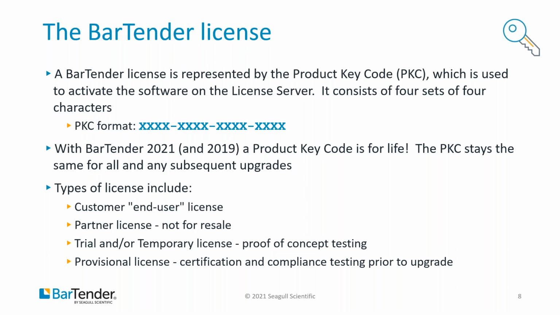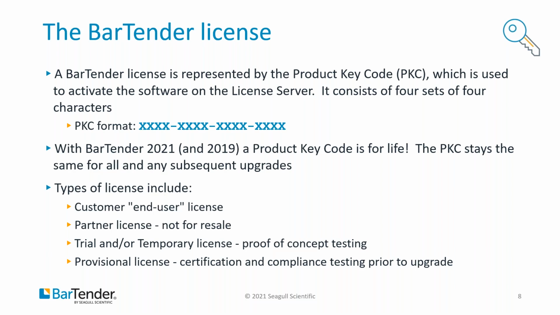It should be noted in older versions of BarTender, the product key code encoded very much into itself the version of BarTender, the edition, and the number of printers that it was licensed for. And that's why in the past, if you then wanted to upgrade in any way, we had to deliver to you or to the customer an entirely new product key code. And that made things very complex and difficult to manage.